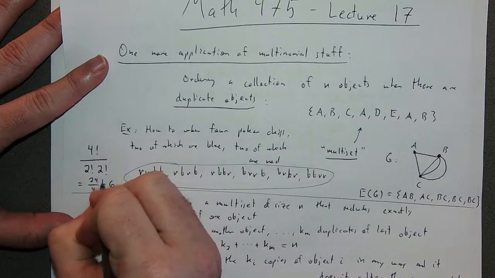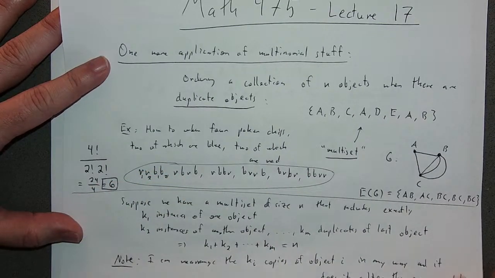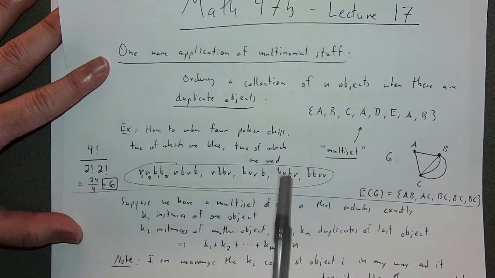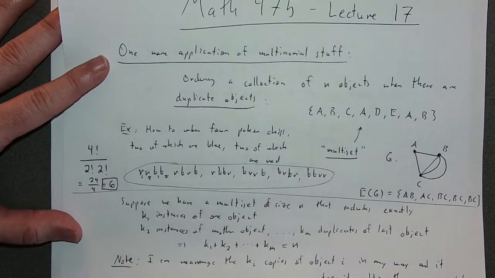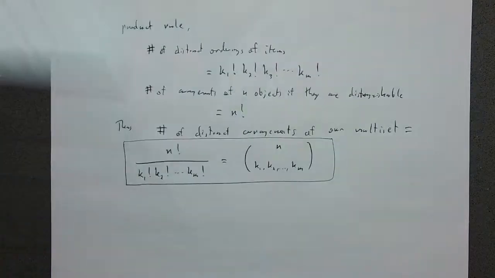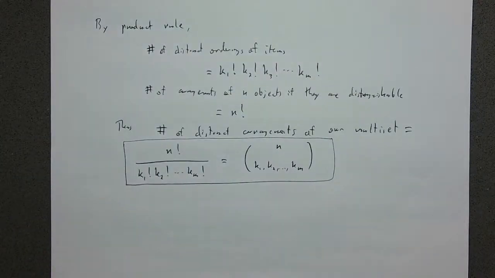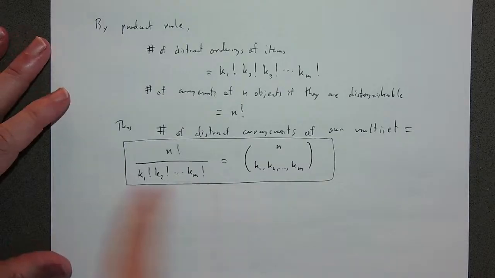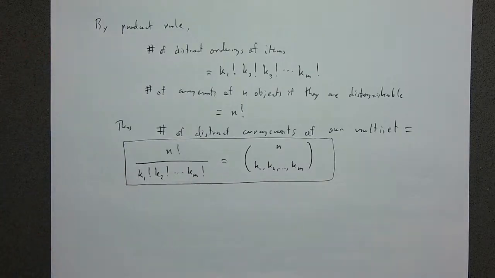This is 6. And indeed, 1, 2, 3, 4, 5, 6. There are 6 ways of doing this. Okay. Of course, you could have developed the multinomial coefficient directly from this example if you wanted to do it that way.